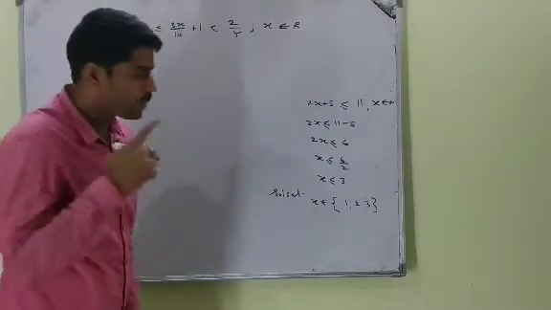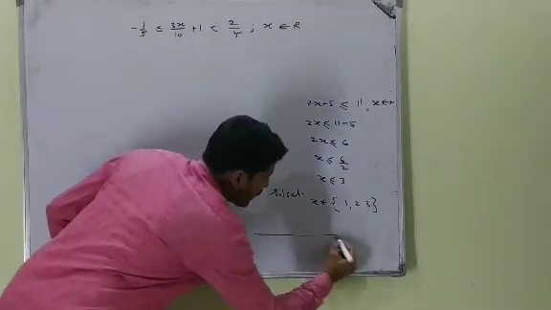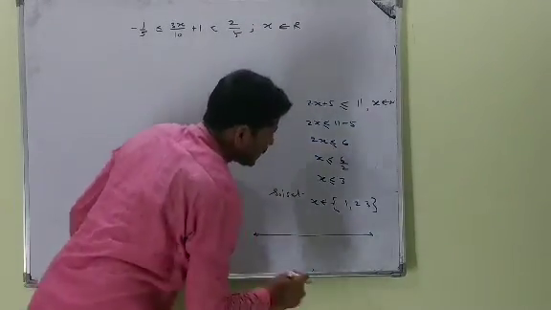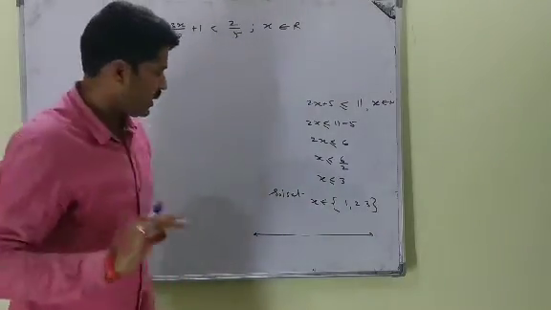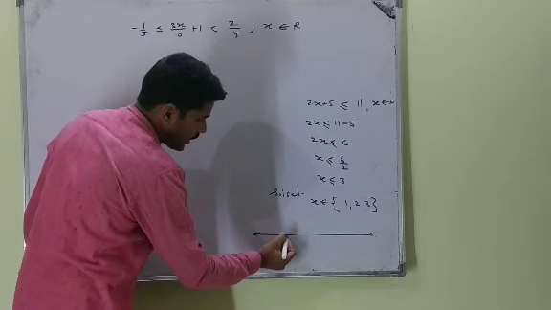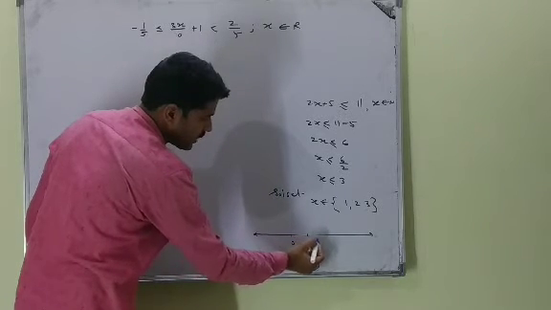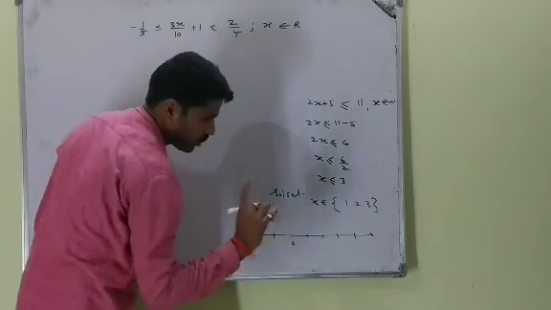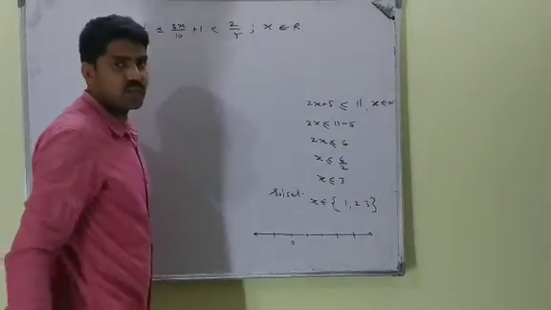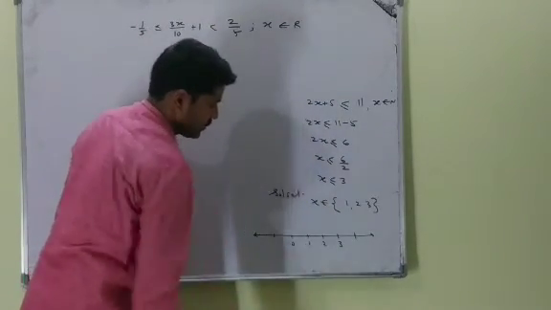Now we have to represent this solution on the real number line. This is the number line. To represent the number line, always take a pencil and scale. Mark at equal distances of 1 centimeter, using pencil only. Do not use the pen, otherwise your marks will be cut. 1, 2, 3.